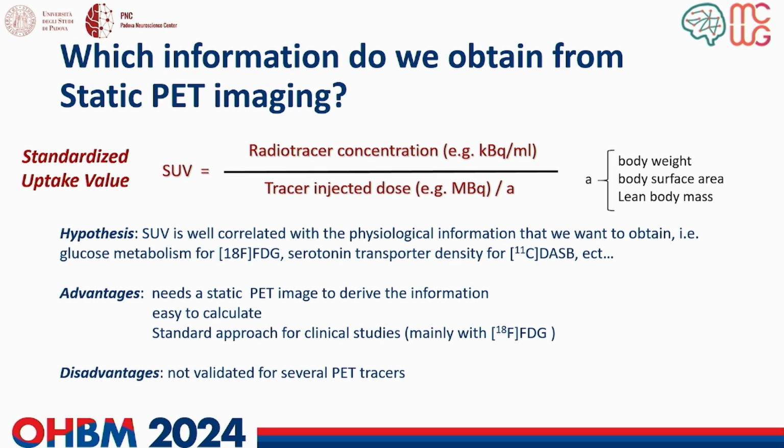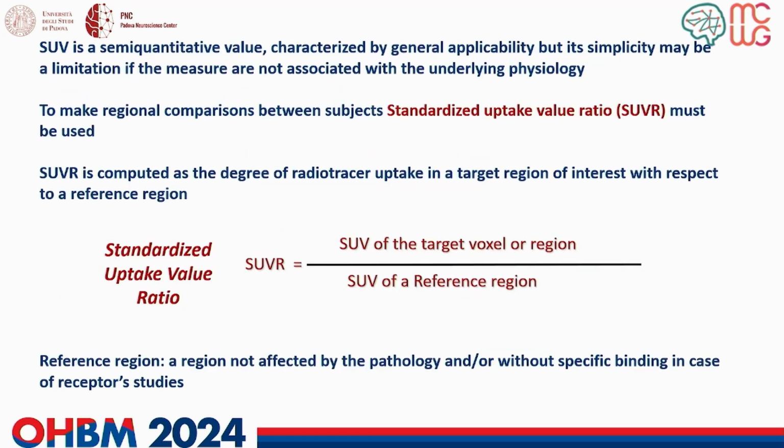We still have to determine the best static time window to acquire the information. We also have to deal with different protocols: for a bolus injection, for instance, in my center we use 20 seconds, in another center 30 seconds, in another 40 seconds, even with the same tracer.